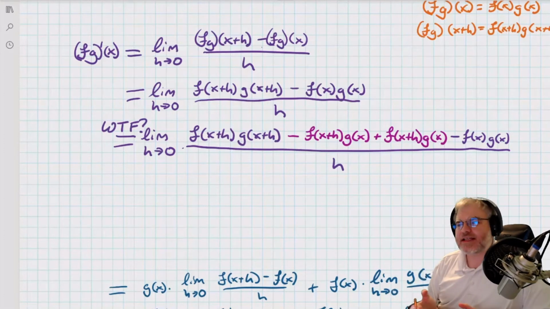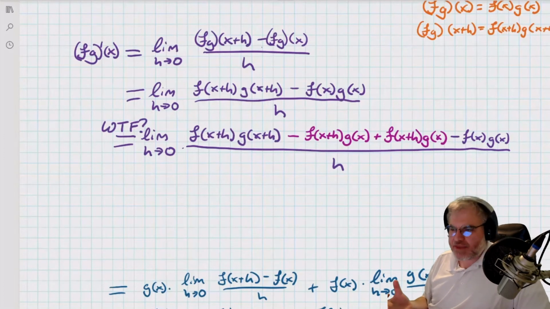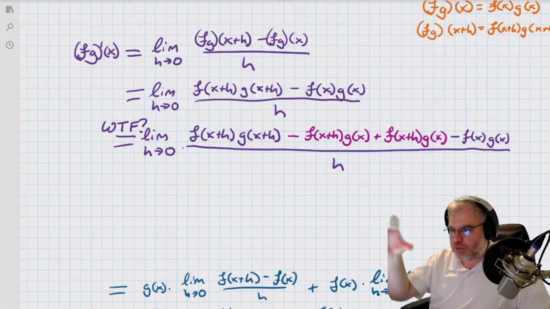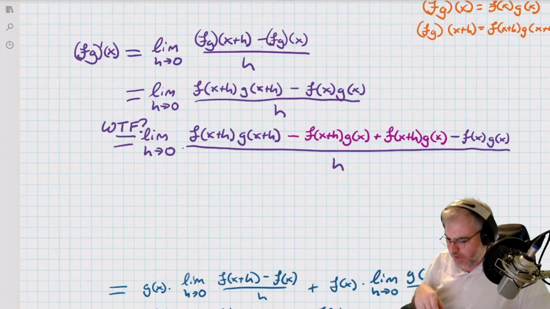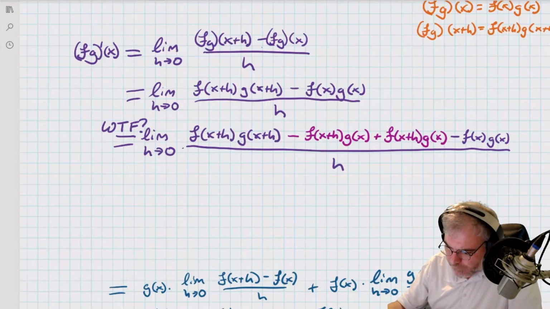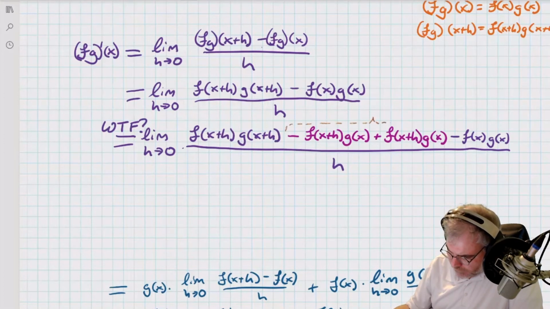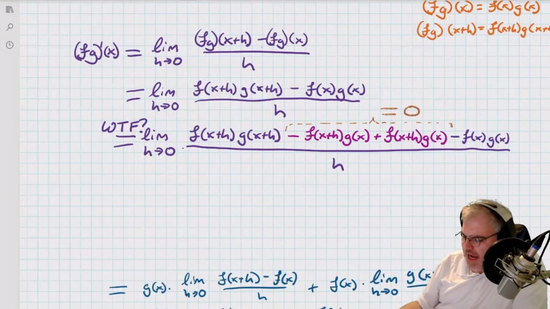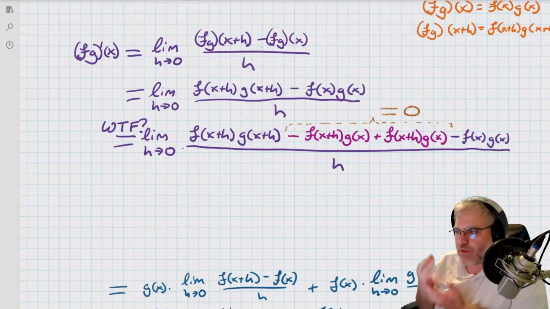The answer is that this is a rabbit. Some mathematician came around and pulled out a rabbit. This right here equals 0. I added something and subtracted it right away. That thing equals 0.